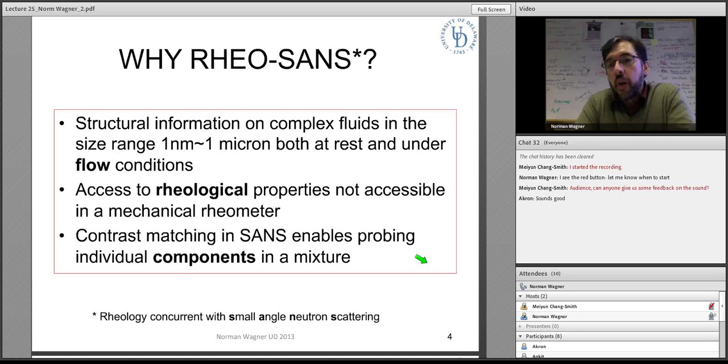There are also ways of using that structural information to access rheological properties that are not easy to measure in a mechanical rheometer. And with SANS, one can do very intricate experiments where you probe different components in a mixture, one of the advantages you've learned about, namely contrast matching.